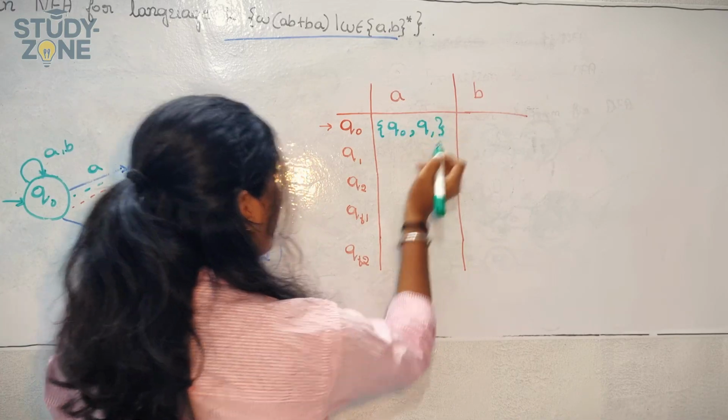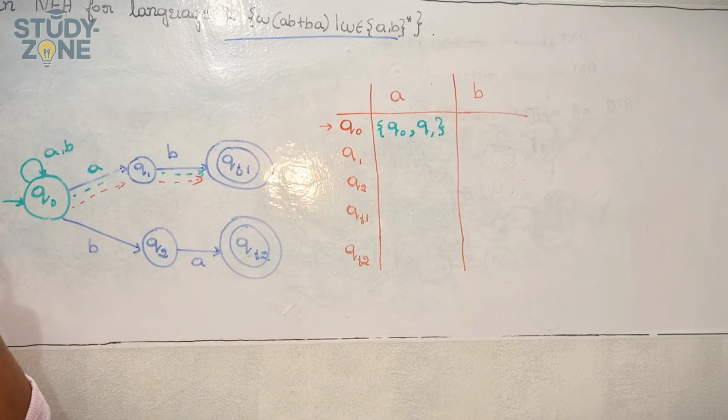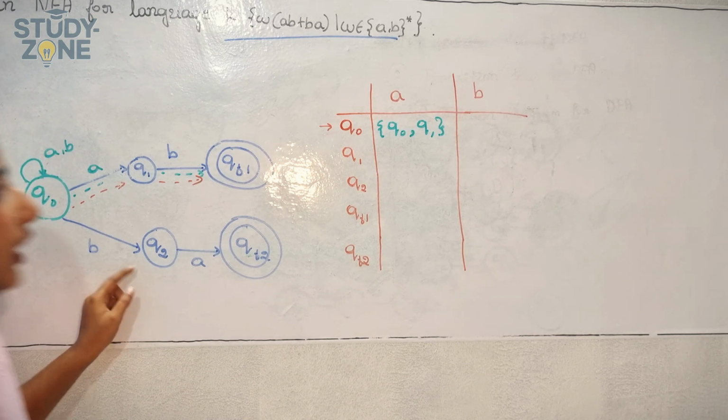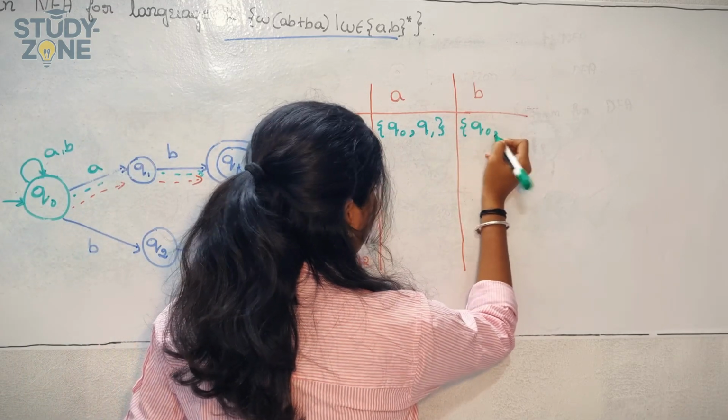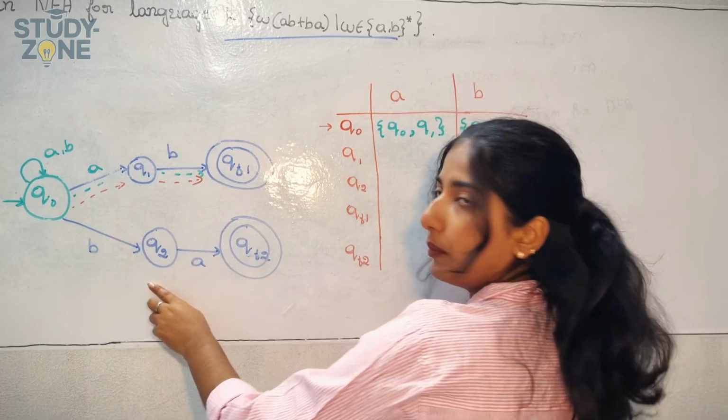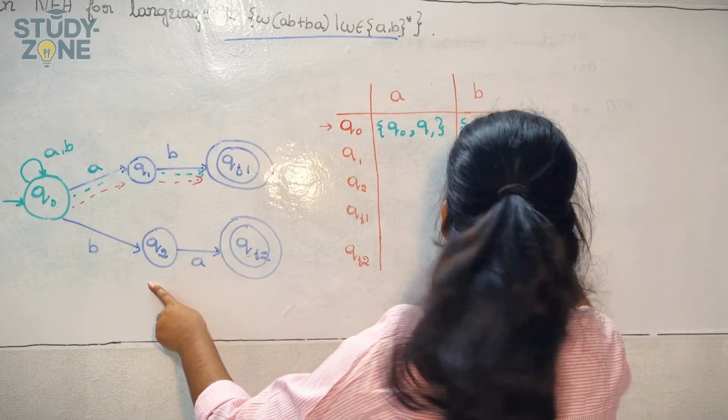So Q0 on A, it is moving to two states. Now Q0 on B, here also two cases, it will be there in Q0, that is one case, and Q0 on B, it is moving to Q2.